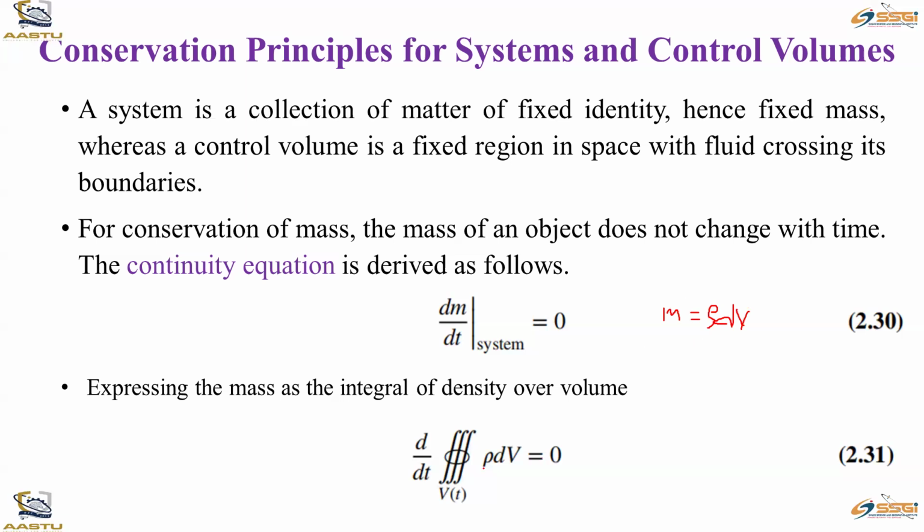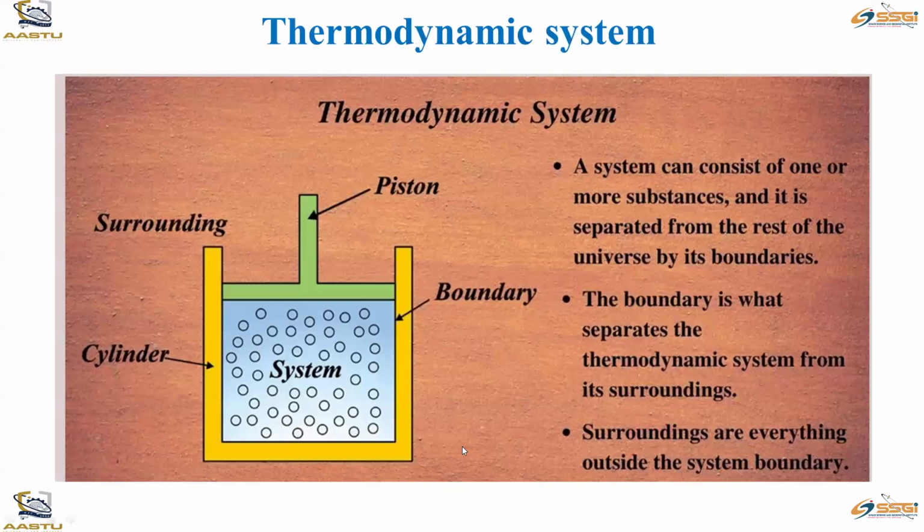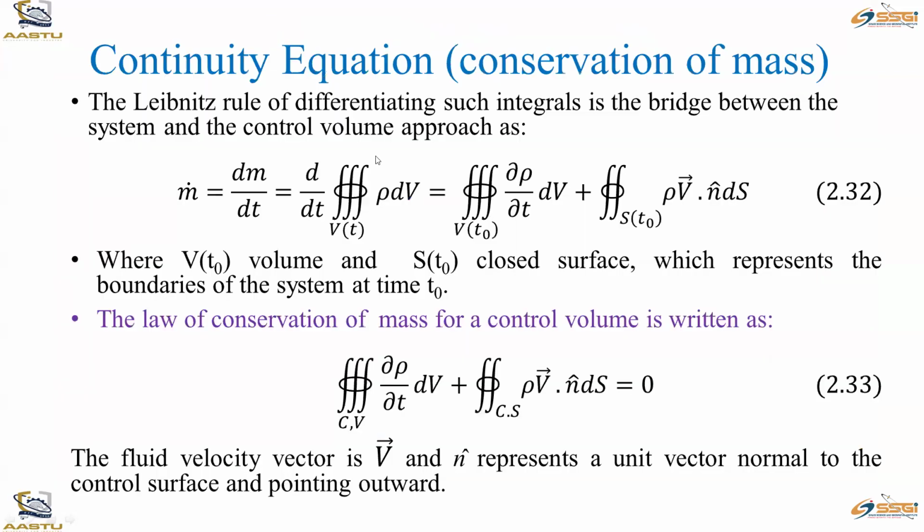Just put this into here. So this is the integral form over volume, the volume integral. Just to illustrate these thermodynamic systems, we have a system, a system boundary, and an external surrounding, and there are some other mechanisms here. Let me jump ahead. Anyways, let's come to our continuity equation.